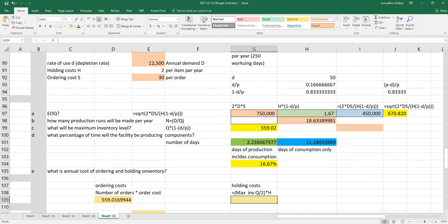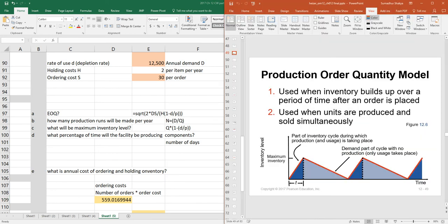The maximum level we reached was 559, so half of that is what stays in the inventory all the time, but it costs us $2 per item per year. So the inventory cost would be 559 half, multiplied by 2.